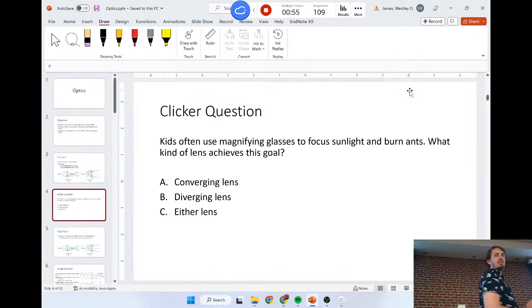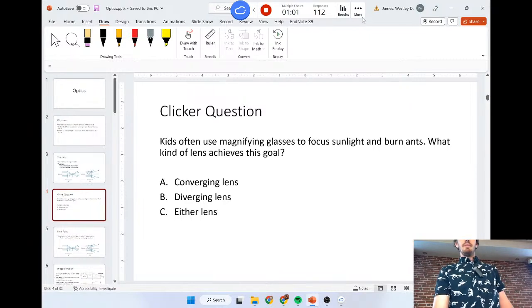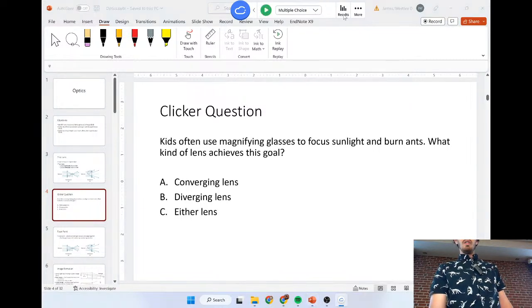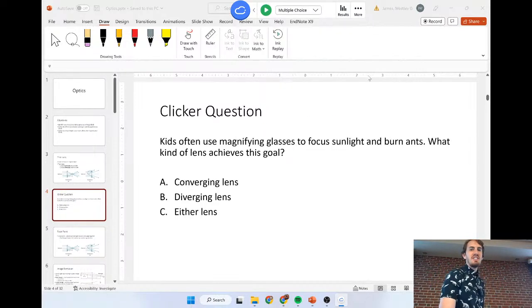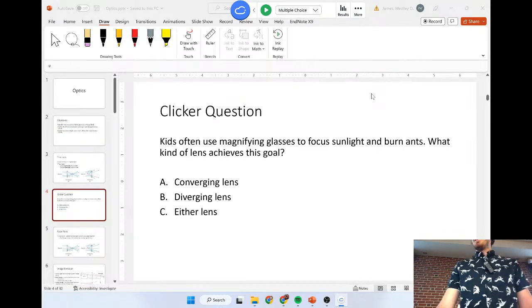All right, in 5, 4, 3, 2, 1. All right, results say, yay, converging. Great job, everyone. Converging, the light rays come together and they burn ants.